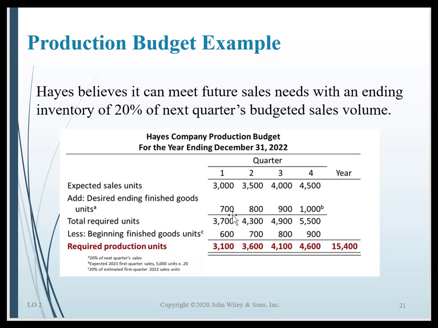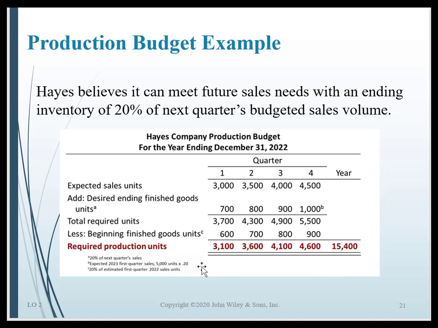How did we get the 700? It's 20% of 3,500 sales in the next quarter. So that means we have a total of 3,700 required units, and we started off with 600. So this quarter, we're going to have to produce 3,100 units. And then we just continue that on moving forward.